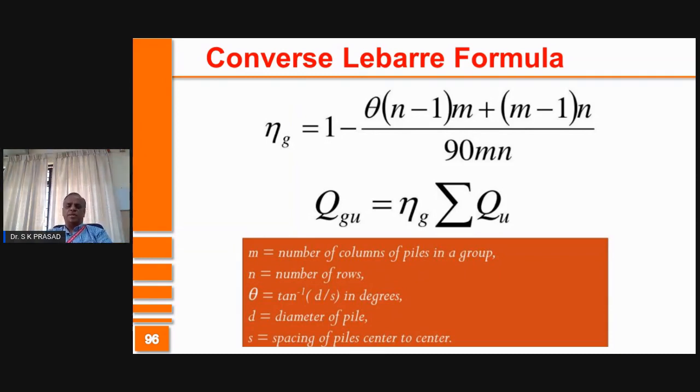So total pile group capacity is equal to eta G into the sum of the capacities of individual piles. Here m is the number of piles in a row, n is the number of rows. Theta is given by tan inverse of d by s, where d is the diameter of the pile and s is the spacing between the piles. So n, m, s and d are required to determine the group efficiency eta G.